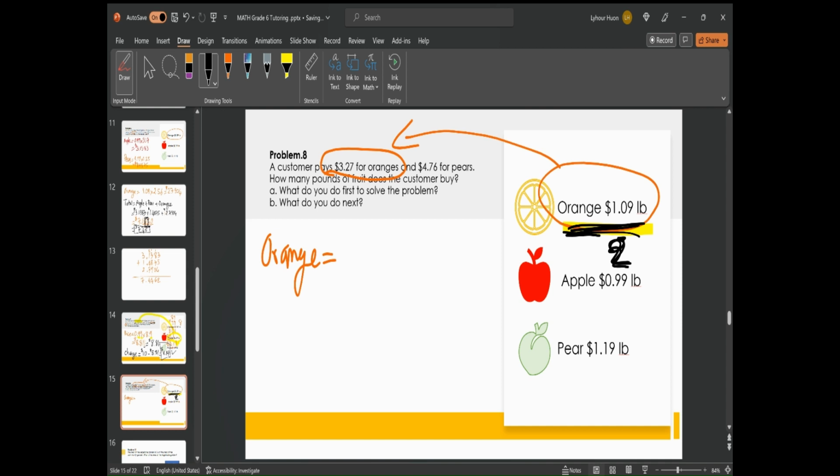Maybe students prefer multiplication instead of division, of course. But in order to find the weight of the orange, we need to divide, not multiply.